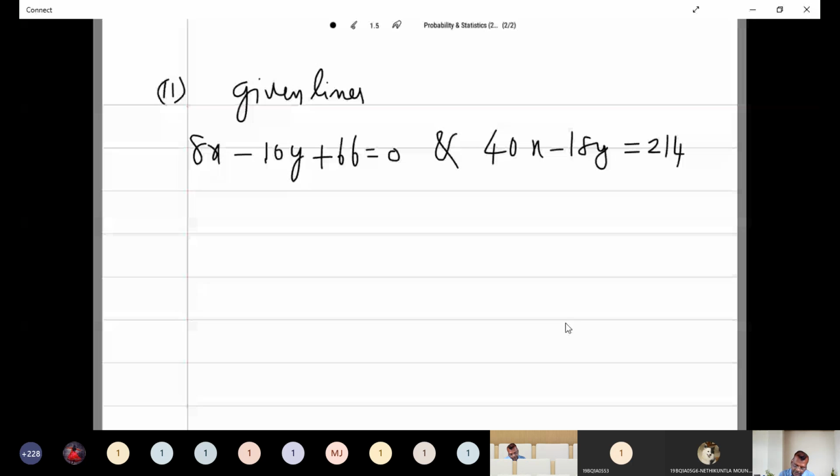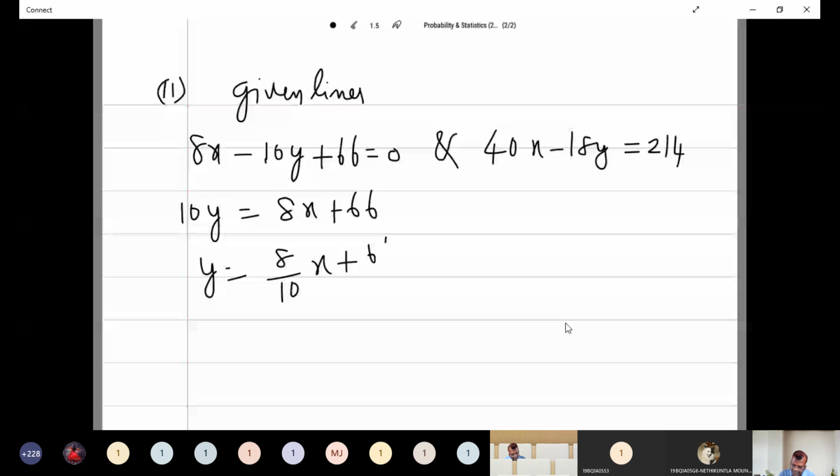Right? Now from this equation, 10y is equal to 8x plus 66 and y is equal to 8 by 10 x plus 66 by 10. This is the regression equation y on x.